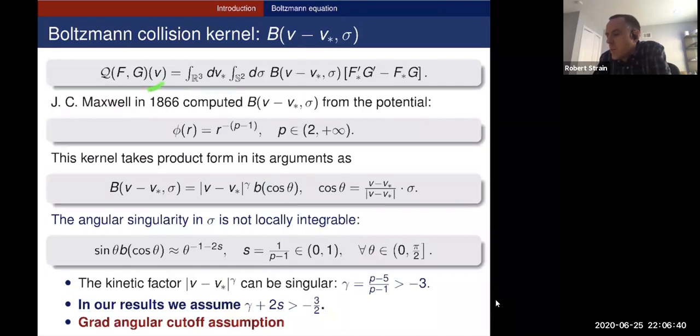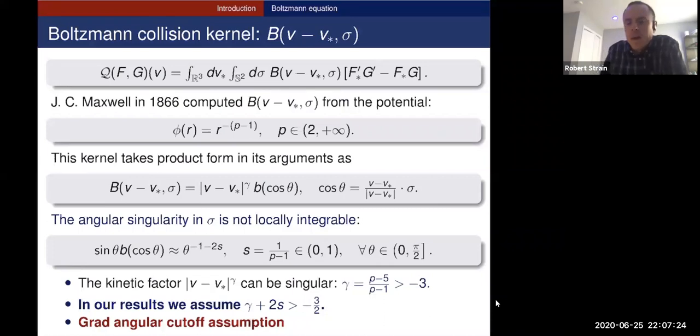If you have an incoming particle v, then you integrate over all particles that it could collide with, v star, and you integrate over all parameterizations of the collision, sigma, and then you have a kernel B, and then you have F prime star G prime minus F star G, where F prime star is F of v prime star, G prime is G of v prime, and F star is F of v star, and G is G of v. So these are all evaluated at the different possible variables that I told you about in the previous slide.